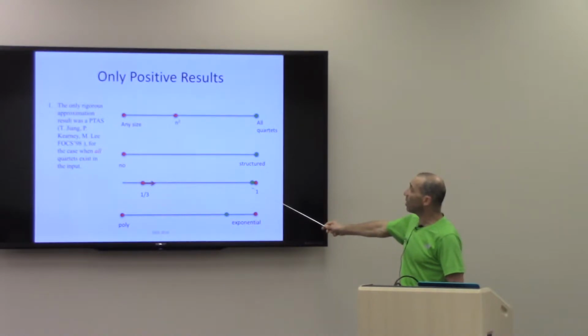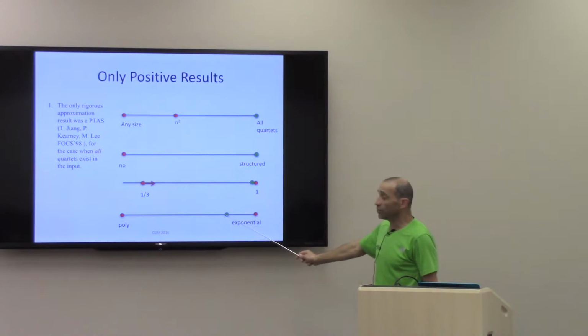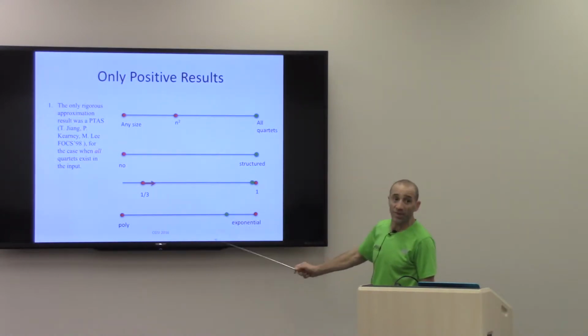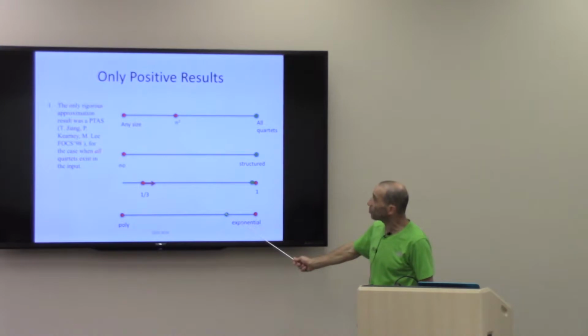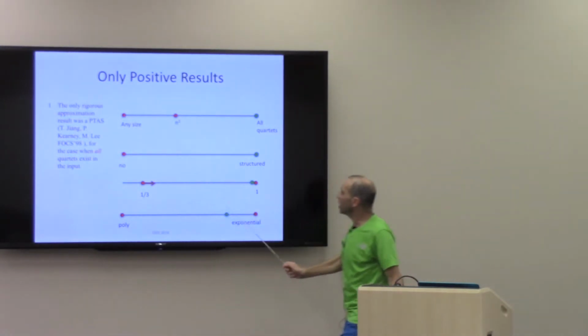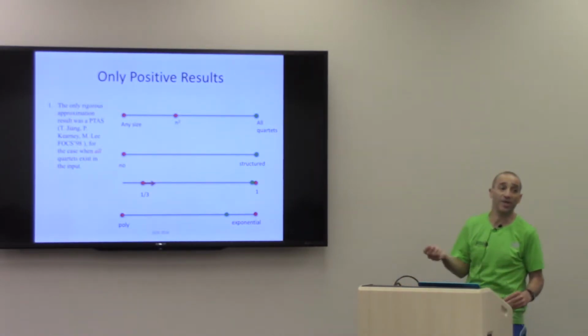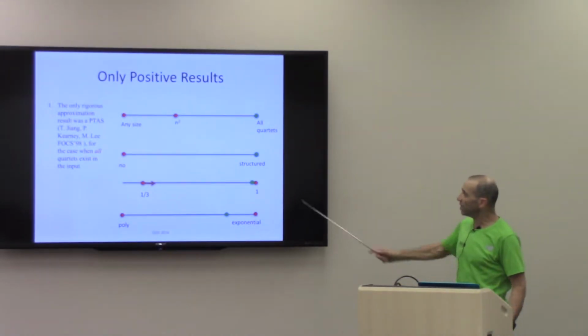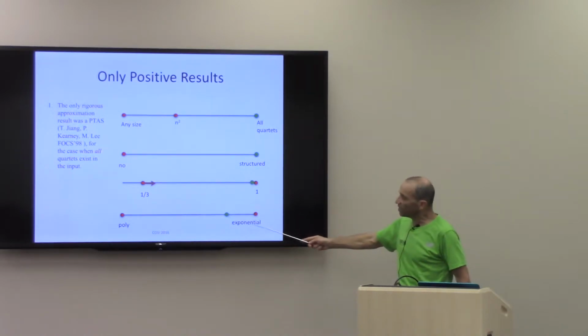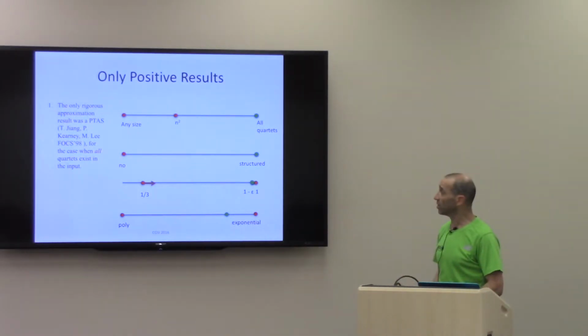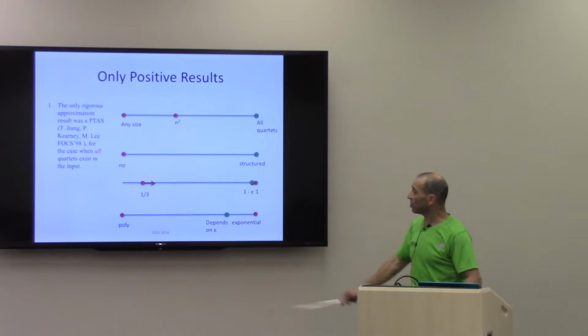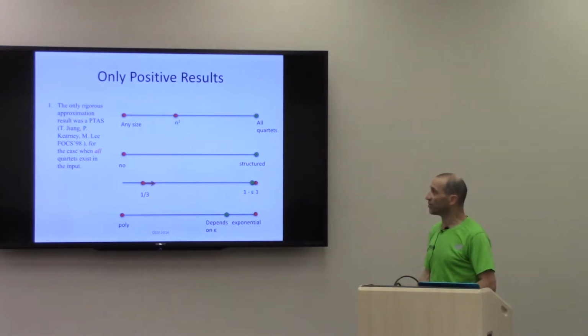Then you get 1 minus epsilon, it is called a PTAS, a polynomial time approximation scheme, and you run in time that depends on epsilon, 1 over epsilon. Tell me how accurate you want to be, how far from 1, and you run in time proportional to that.